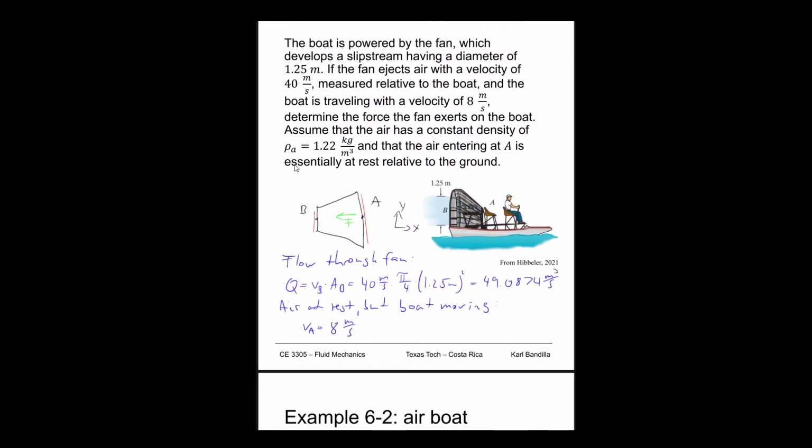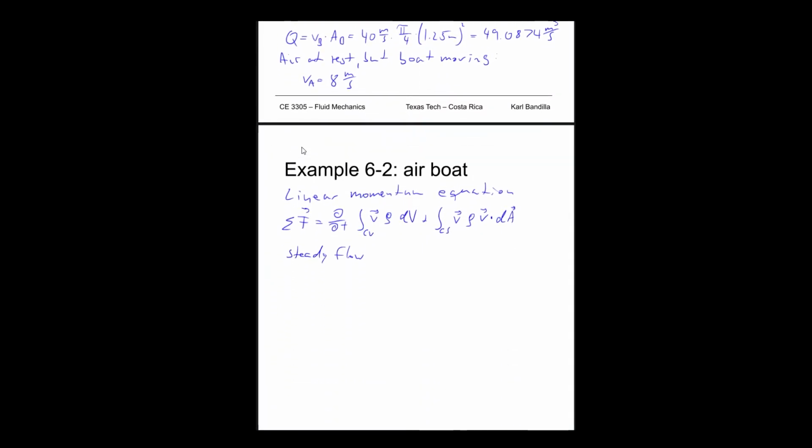We are given a density for the air, which means the density is constant, so it's incompressible. Air also has very low viscosity, so we can say that would be an ideal fluid, right?